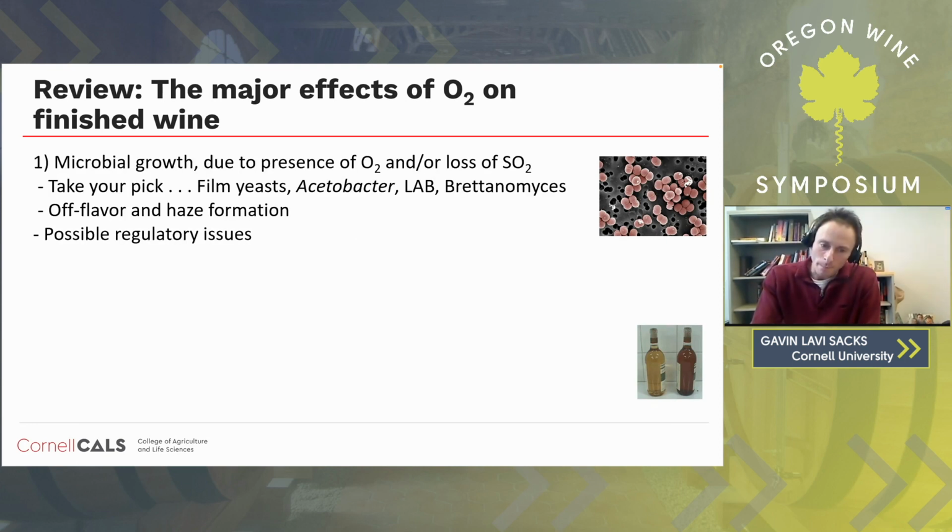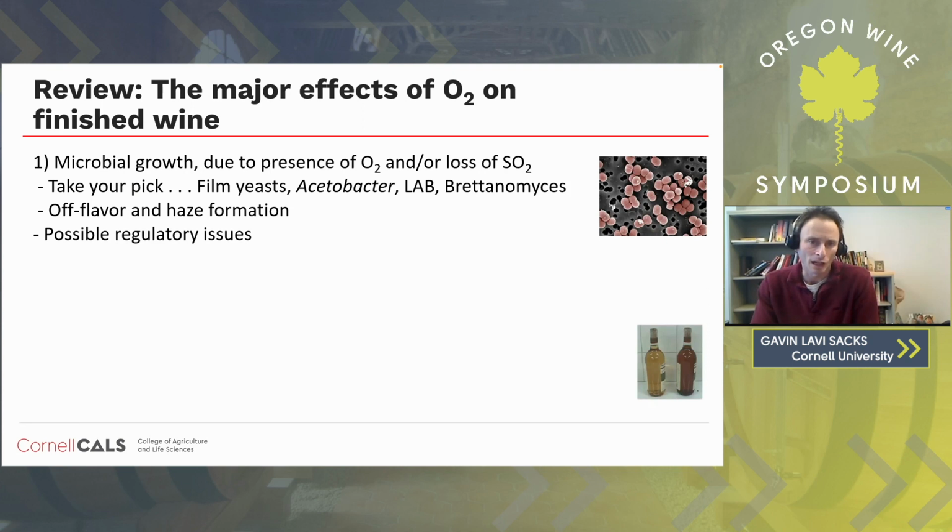Okay, so main effects of oxygen on a finished wine, something I'm not going to go into much detail about, microbial growth. Due to the presence of oxygen, there's certain things that are functional aerobes like Acetobacter, film yeast that are going to need oxygen. But also when you've got oxygen present, it will consume SO2, and then this can then allow for the growth of other organisms like lactic acid bacteria or Brettanomyces.